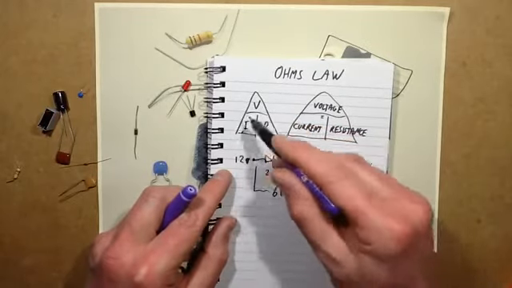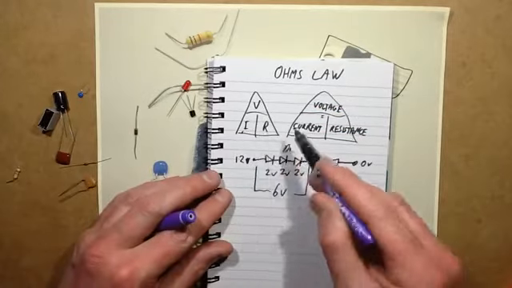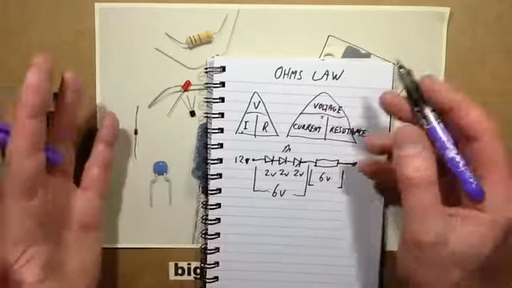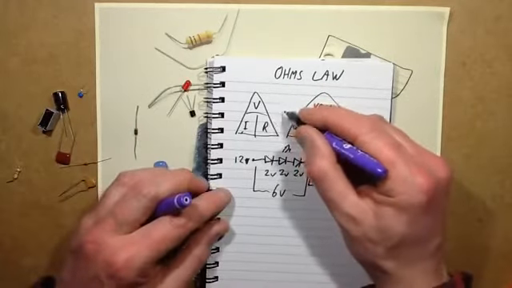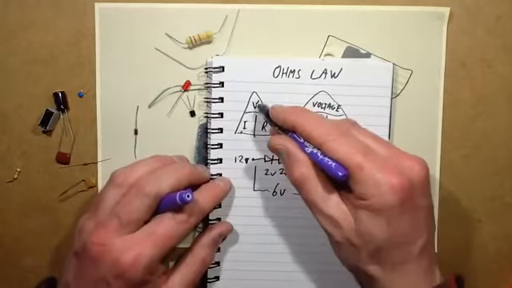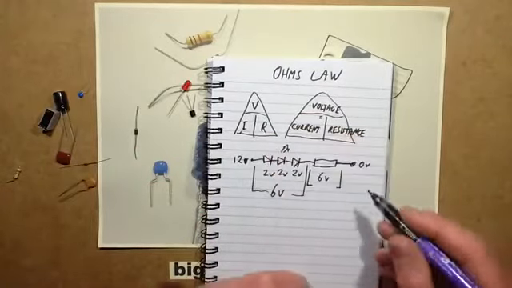That's why I've drawn in the triangle here. So voltage equals current times resistance, and for the other ones, you divide the one above it, much as you'd write it if you're doing the mathematical formula. R equals V over I and I equals V over R. It's just an easy way to remember how they relate to each other.